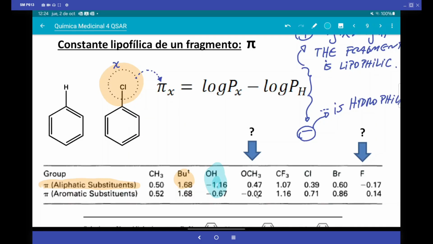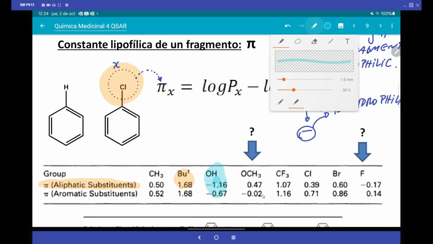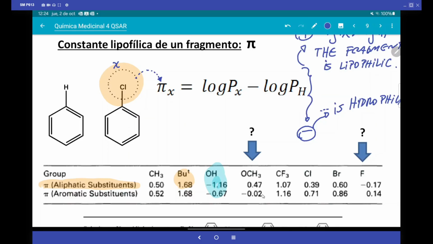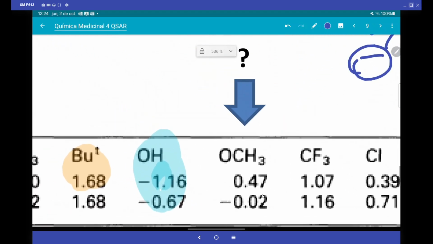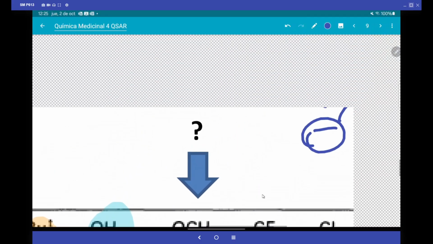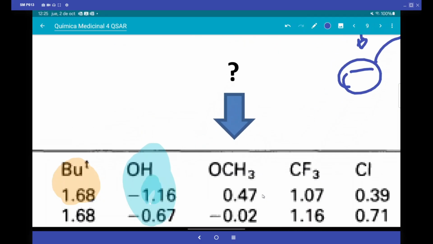It's because of the methoxy, when we are connected to an aliphatic system, it is a little simpler.